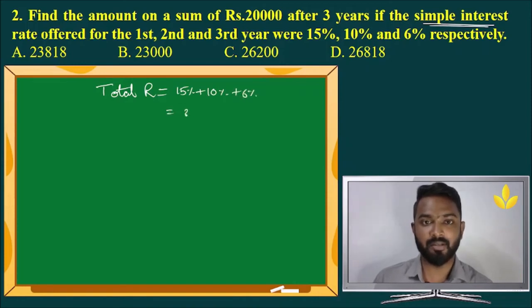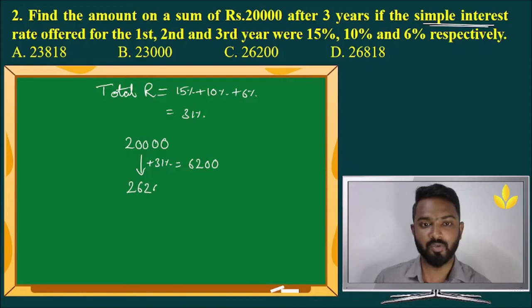That is nothing but 31%. So the final amount will be 20,000 plus 31%. 31% of 20,000 is 6200. This plus this is 26200. Answer is C.